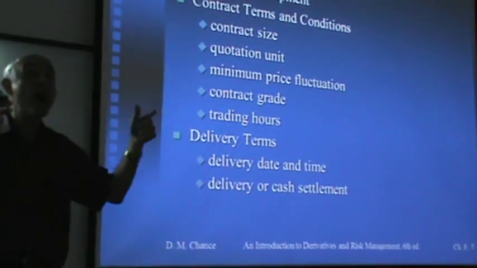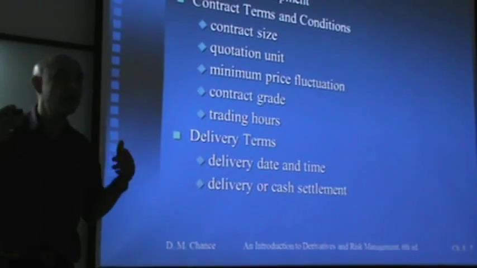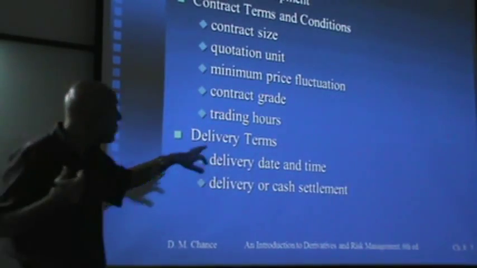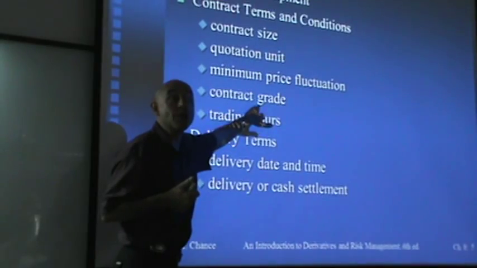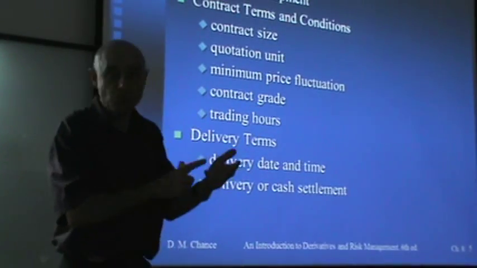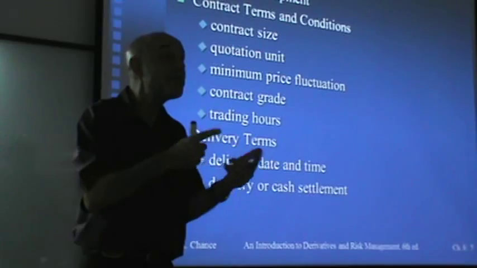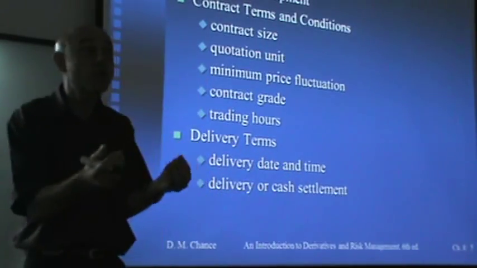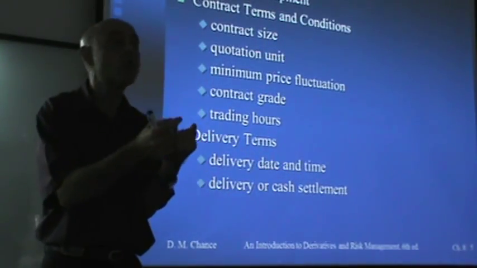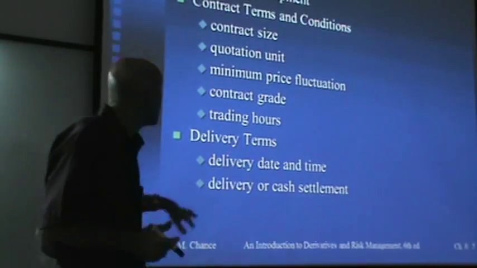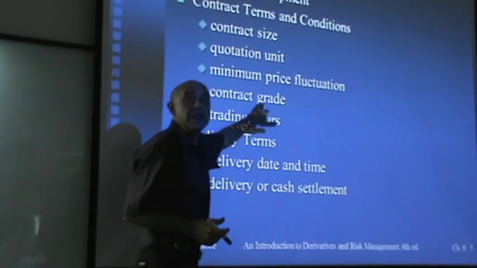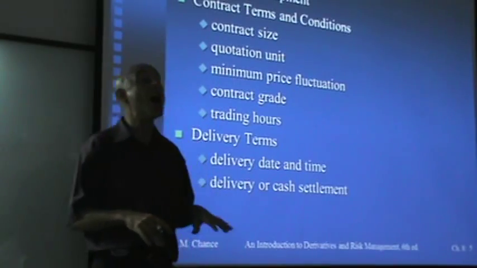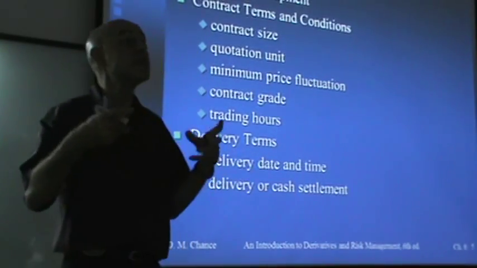So if you're going to be buying 100 tons of rice, right, you want to know exactly what the rice is. Is it white? Is it basmati? What type of rice it is, okay? And then what's the quality? Is it a large grain, a small grain, and all the other things? So you have a detailed specification of the type and the quality of the underlying.